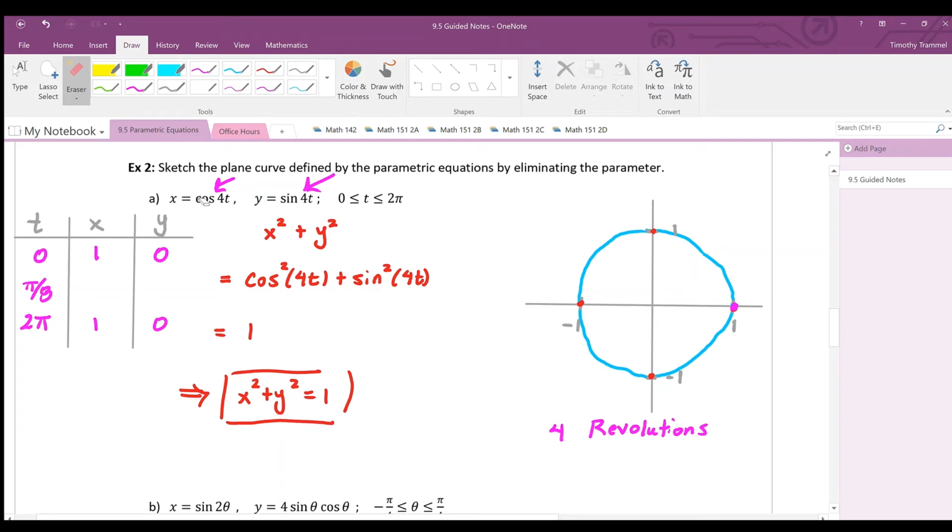So if you were to plug in pi over 8, that just winds up being cosine of pi over 2, which is 0, and sine of pi over 2, which is 1. So after doing a quarter revolution, we end up here. So that means we must have been heading in this direction. Okay, we're rotating counterclockwise.